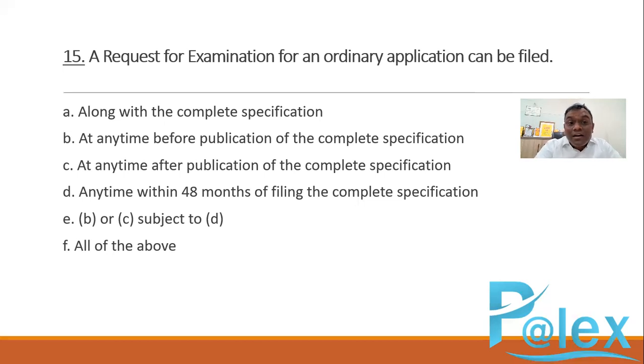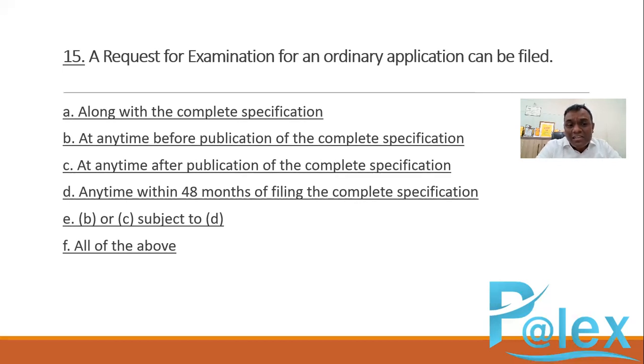Now, a request for examination for an ordinary application can be filed along with complete spec, anytime before publication, anytime after publication, anytime within 48 months, B or C subject to D, and all of the above. A bit tricky question. I'll just try to explain this.